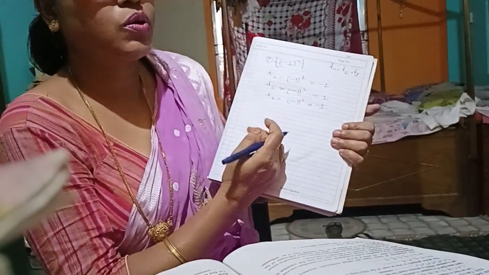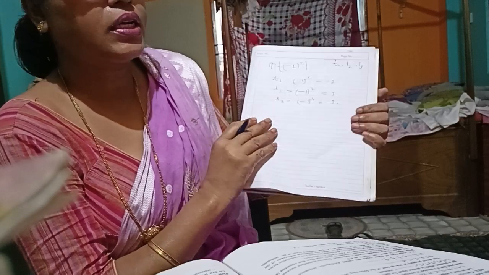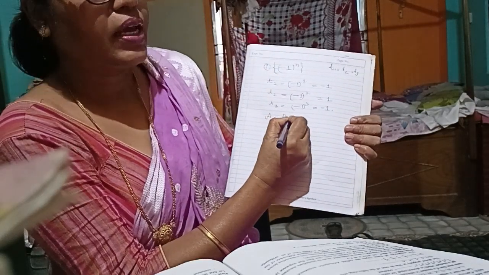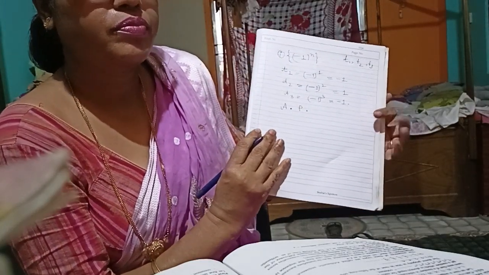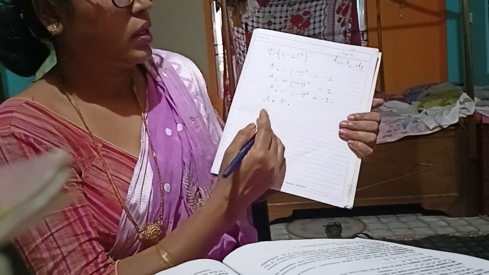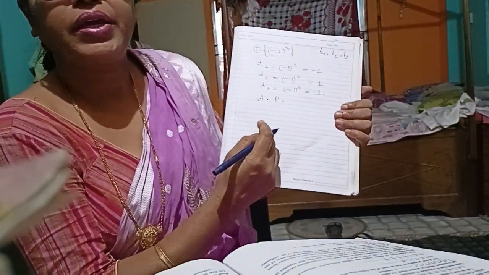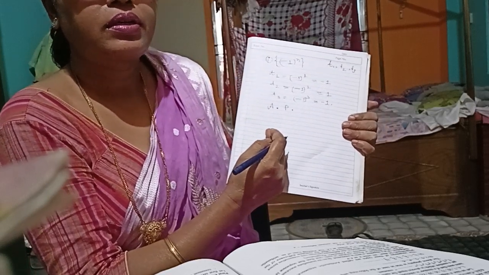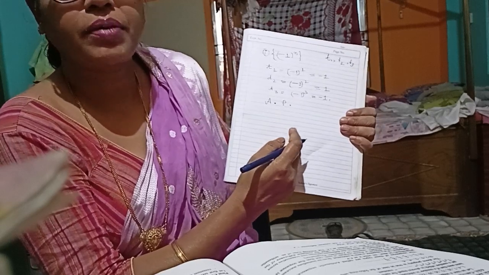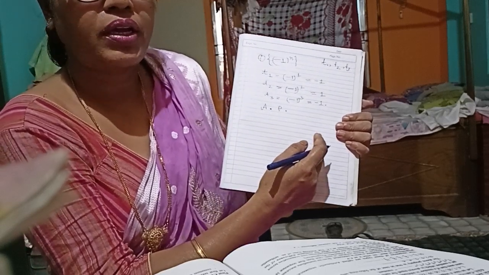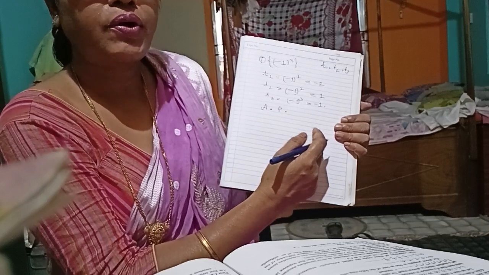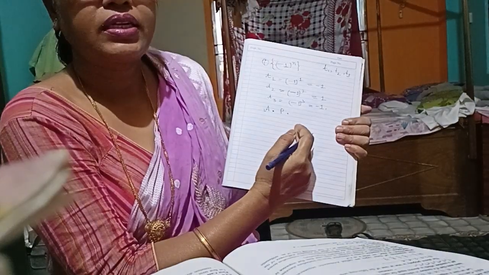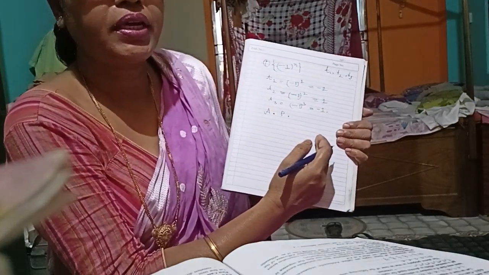Now, in series, we learn about arithmetic progression, and simply we say it as AP. What is the definition? In a sequence, if a term is subtracted from its immediate successor and the value always obtained is constant, then that sequence is called an arithmetic sequence.